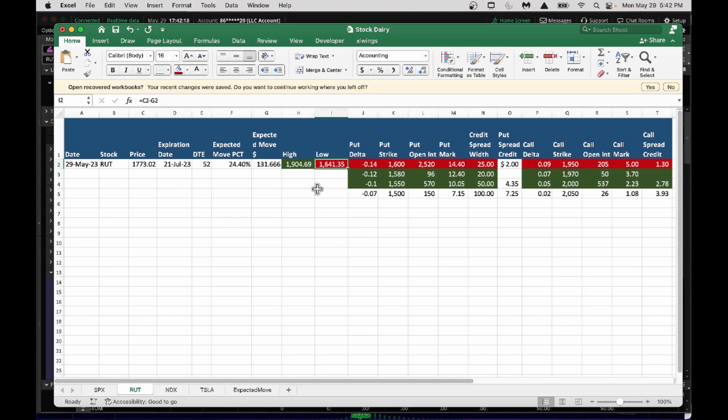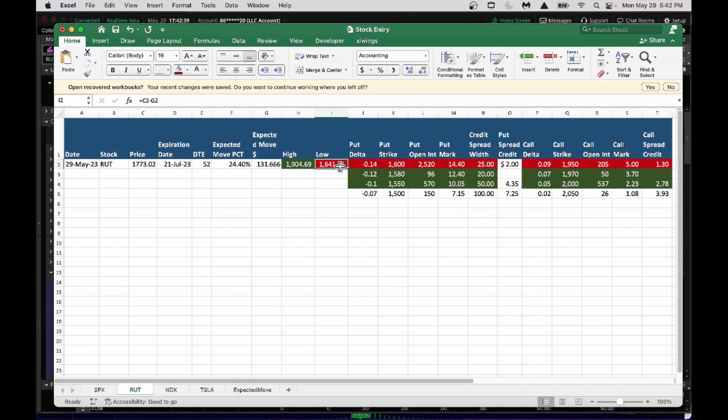All I'm doing is adding the expected move to come up with the high strike price. So typically, the ETF, or in this case index, will most probably stay within this expected move unless there is some tail, an unexpected event. And on the low side it's 1641.